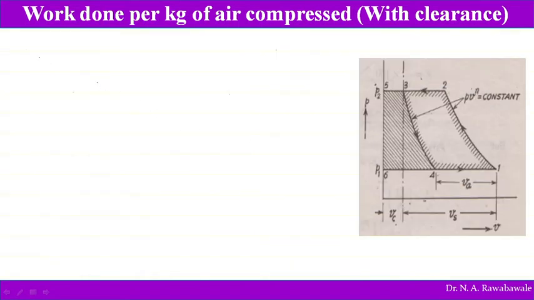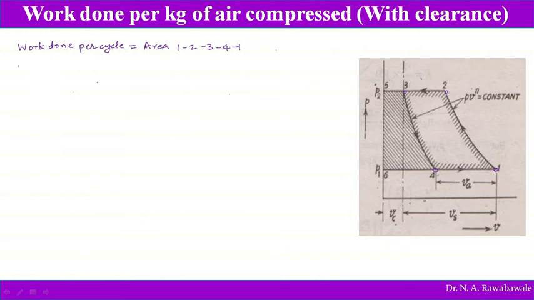Now the work done per cycle is equal to area 1 2 3 4 1. This area gives us the work done.